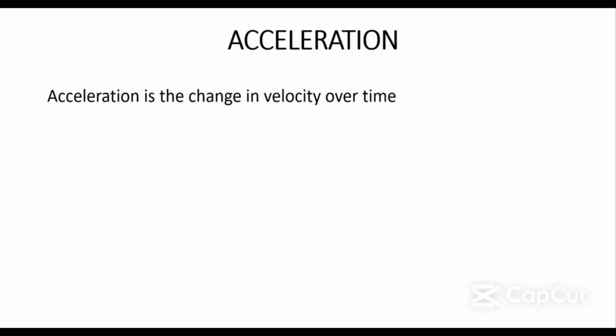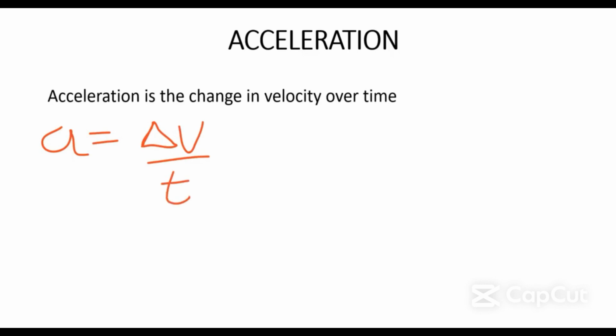So an object's average acceleration is defined as the change in velocity over time. That is, a is equal to the change in velocity over the change in time, and the unit of acceleration is meters per second squared.